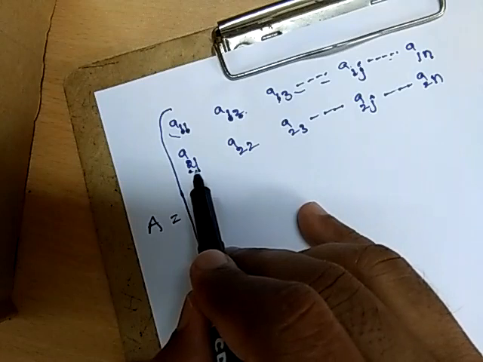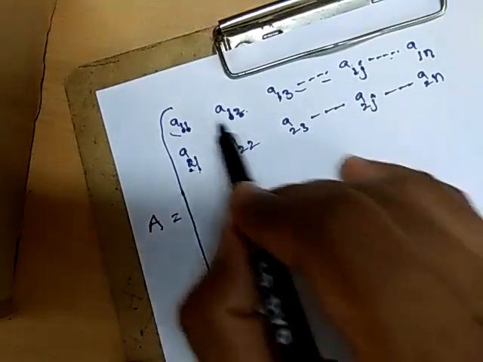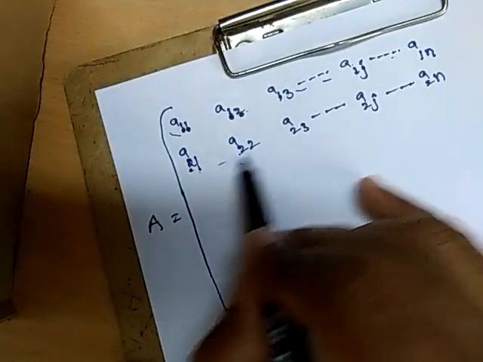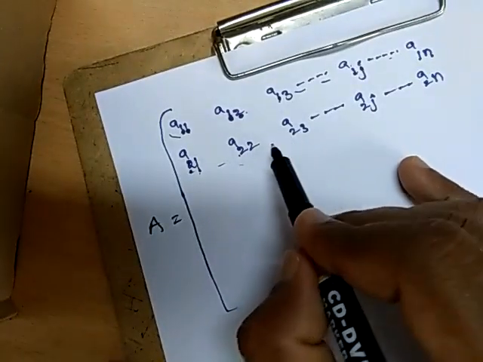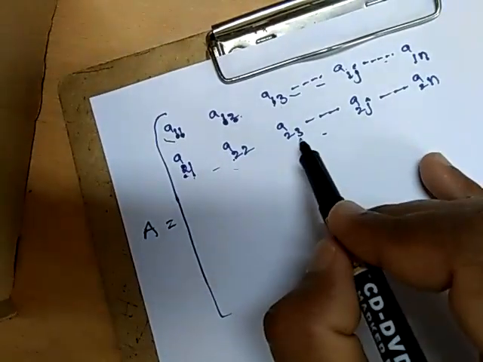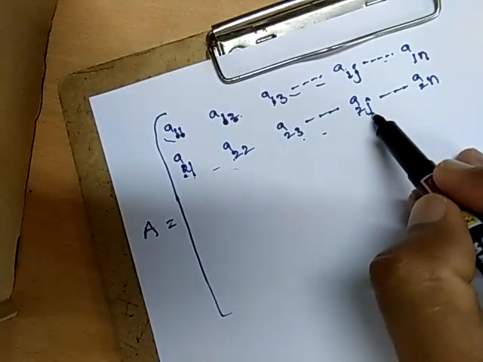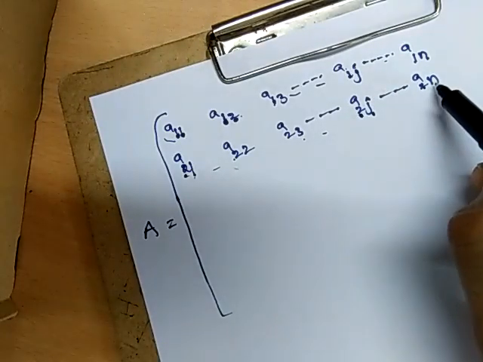This is a very important point. Second row, second column is a22. Second row, third column is a23, and so on, a2j, second row jth column, and second row nth column.